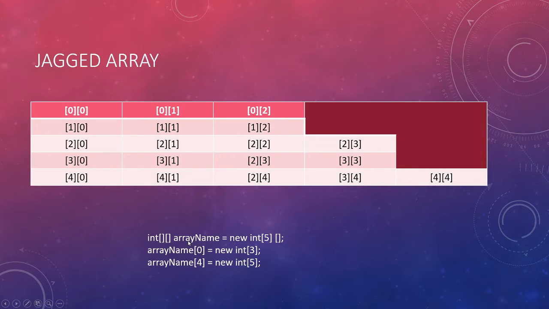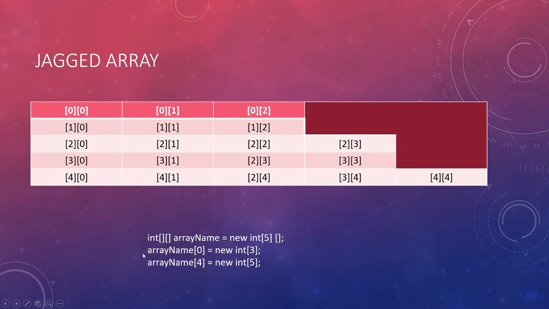We create an array called array name that is two-dimensional, and we say it's a new array of integers, and there are 5 of these entries, and each of those entries is in and of itself an array. We say that by specifying the empty square brackets.